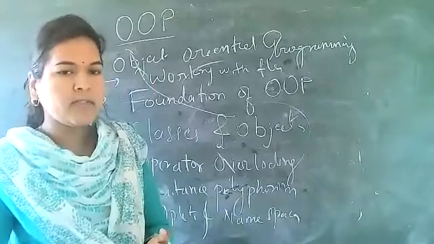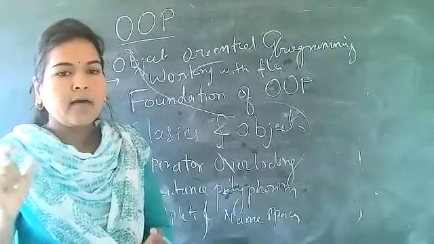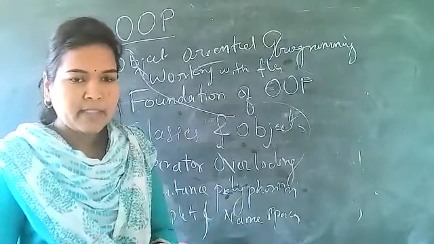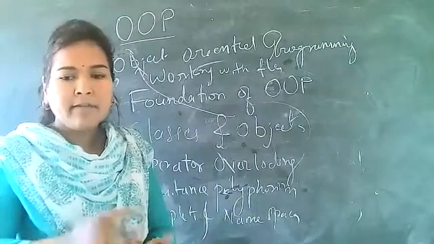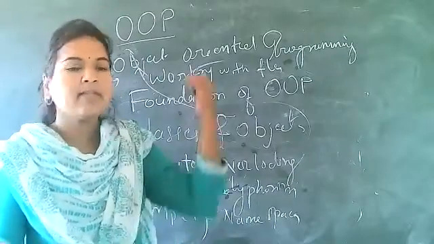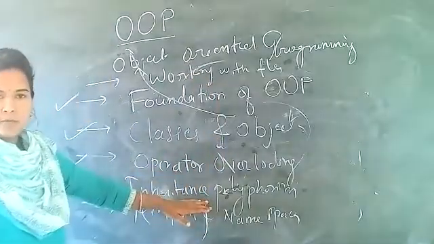If you understand these concepts perfectly, you will get good knowledge in this subject. Then it is very easy for you to understand C++, Java, .NET, whatever software language. If you are going for the software field, this is best.